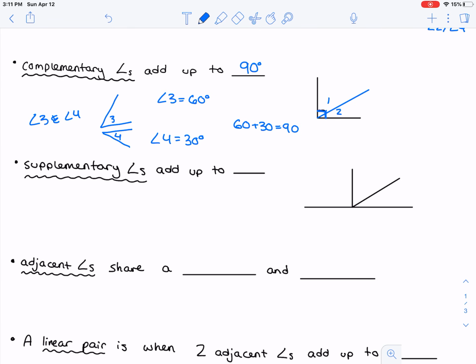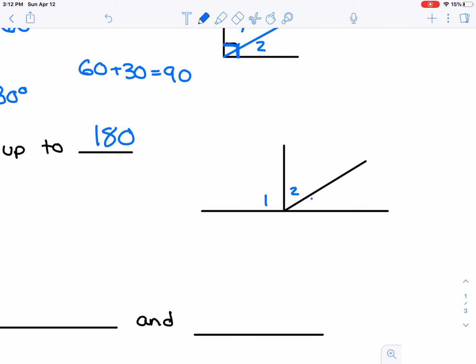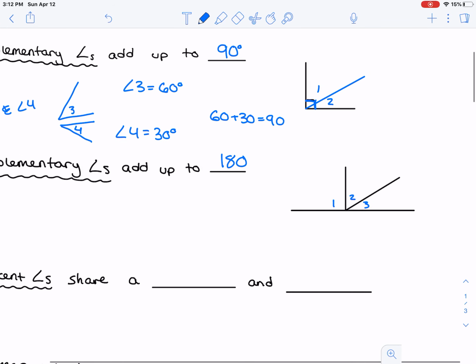All right. Now, supplementary angles are going to add up to 180. And remember, whenever you have 180, that's when you have a perfectly straight line, okay? So in this picture, if we have angles 1, 2, and 3, those are going to be supplementary because they are all on that straight line. They're all going to add up. Same idea as above, though: they don't have to actually touch.